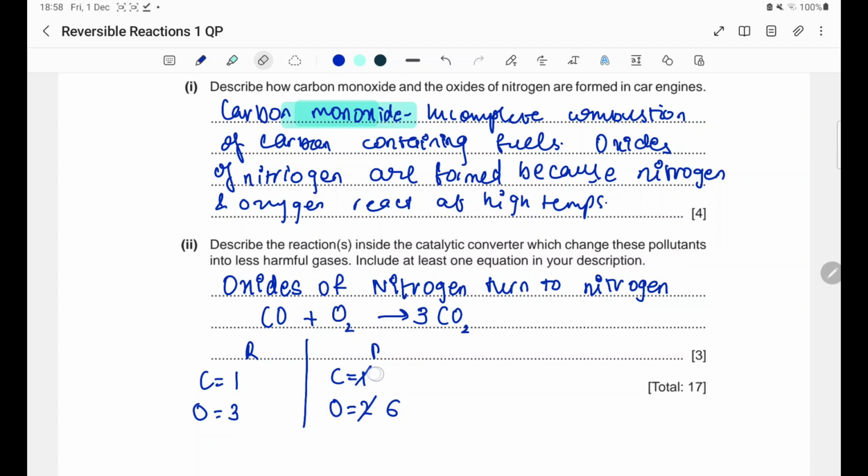Wait, no, I'm sorry. We have 3 here, we have 2 here. If I put 2 here, I get 2 and I get 4. If I put 2 here, I get 2, plus 2, I get 4. When you see that everything on the left side of the table is equal to everything on the product side, the right side of the table, that means that your equation is balanced.